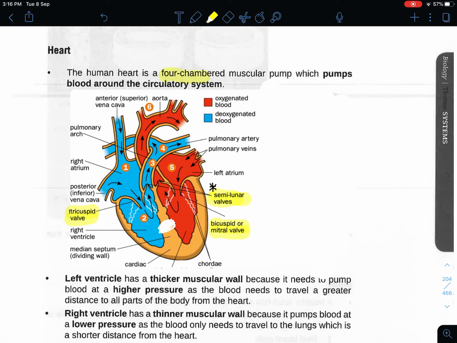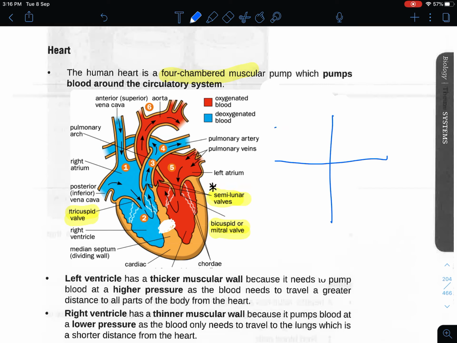Next we look at the heart. So the heart is generally made up of four main chambers, and it generally pumps blood around the body. If you divide the heart into four main parts, you have the right side of the heart and the top and bottom.